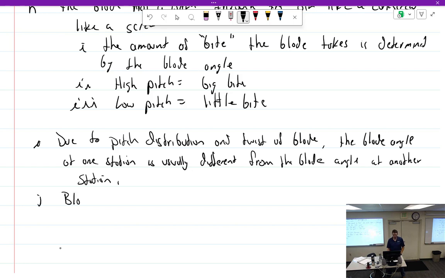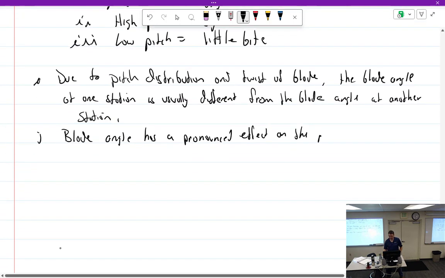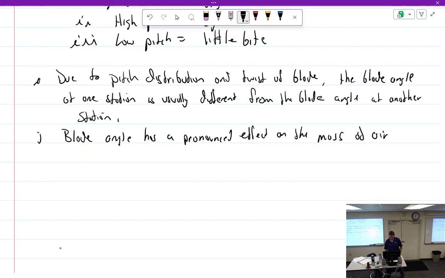Blade angle has a pronounced effect on the mass of air moved as well as engine RPM. Ooh, that's something to unpack there. Blade angle has a pronounced effect on the mass of air moved as well as engine RPM.